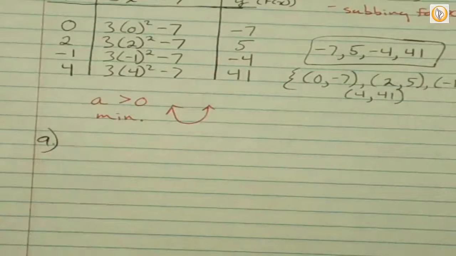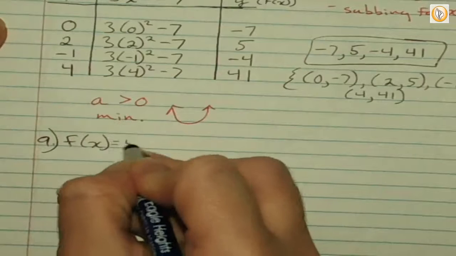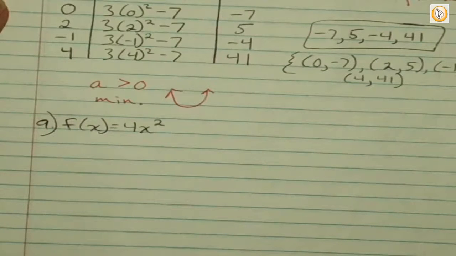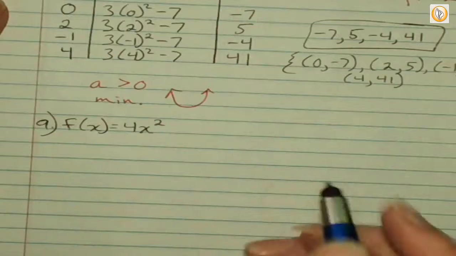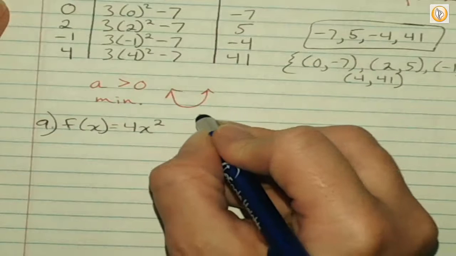Look at 9. Okay, now this is that chart I was telling y'all about. We're going to fill out part of the chart. So number 9, you have f of x equals 4x squared. Direction of opening.